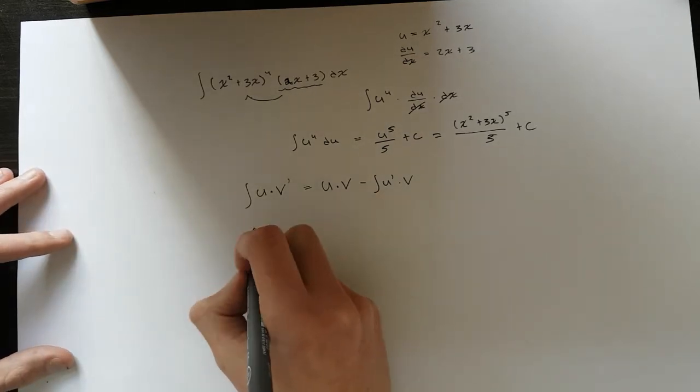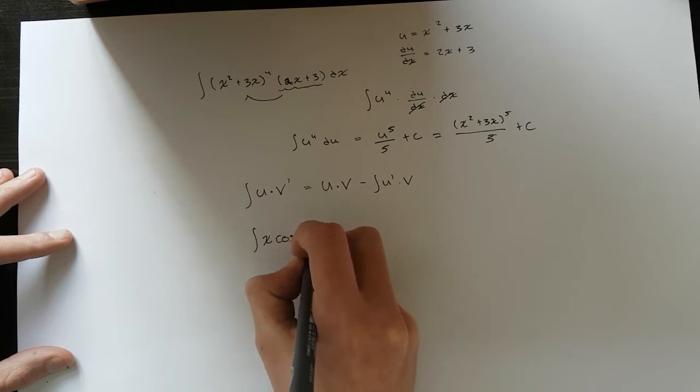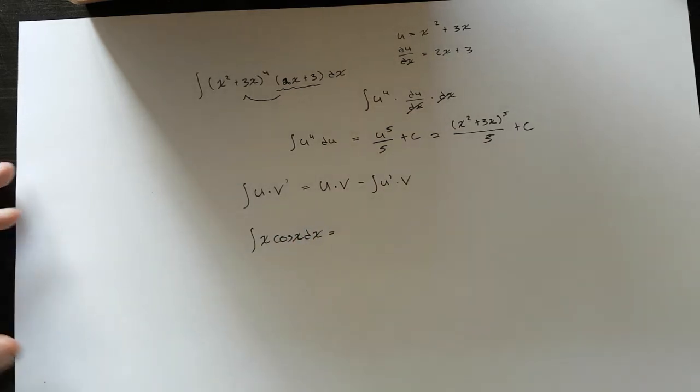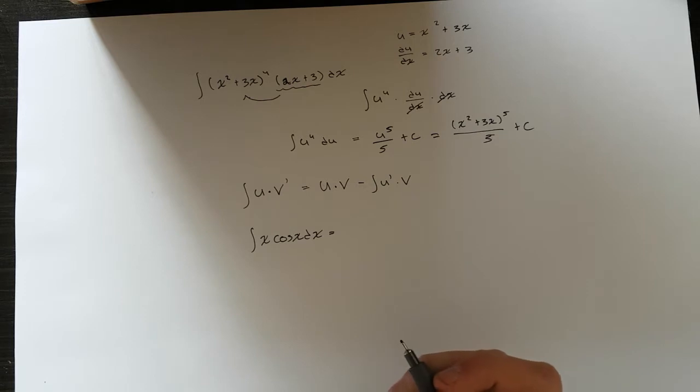So I'll give you another example: the integral of x cosine x dx. When you see this, you have to decide which one you let u be equal to, and which one you let v dash be equal to.